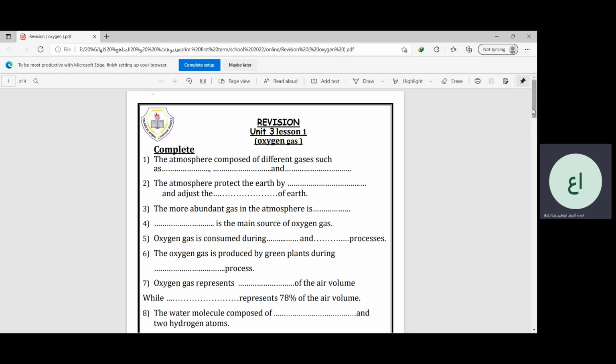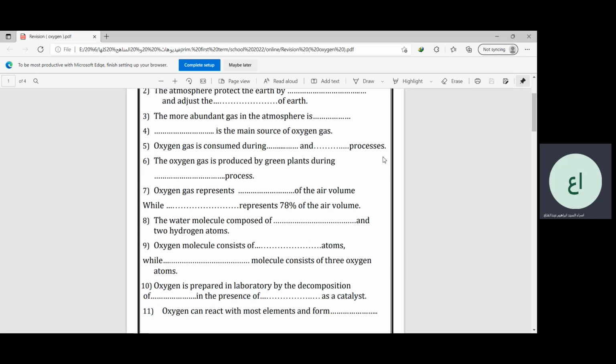Number 7, oxygen gas represents 21 percent of the air volume. What does it represent? We said the components of the atmosphere: nitrogen gas represented what? 78%. Then after it, oxygen gas represents 21, and carbon dioxide gas and water vapor and other gases represent 1%.